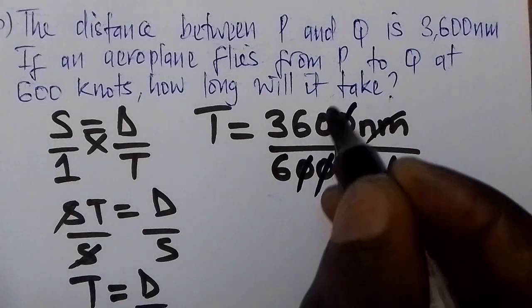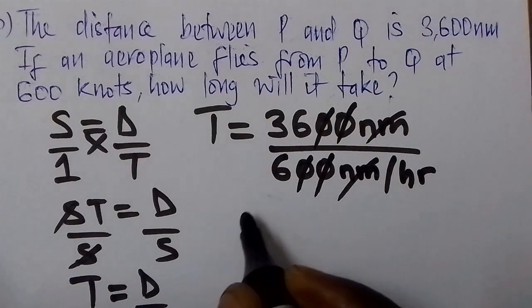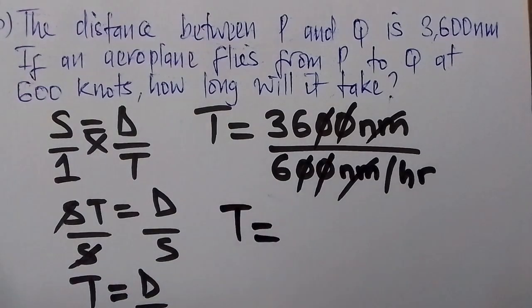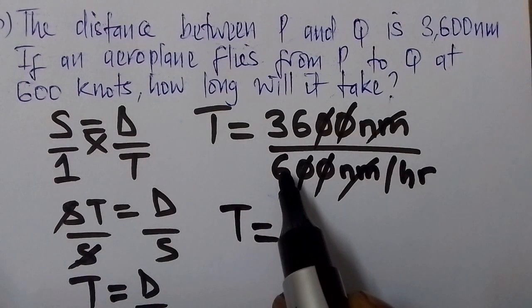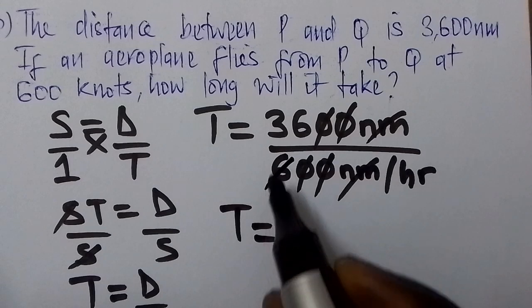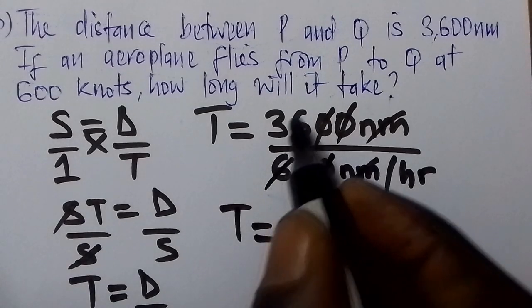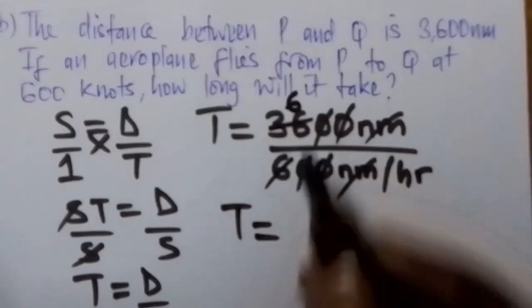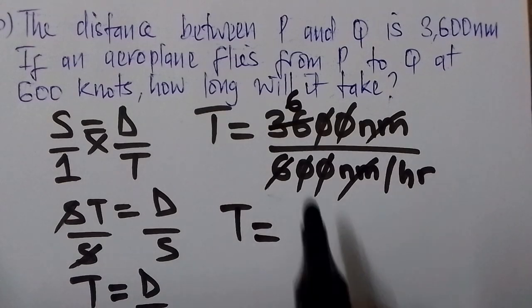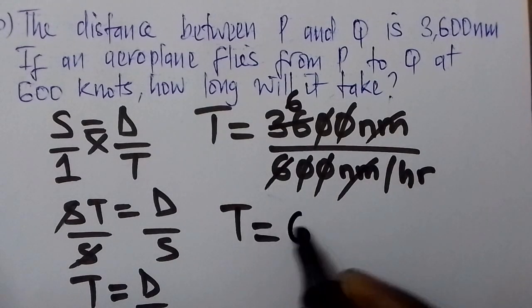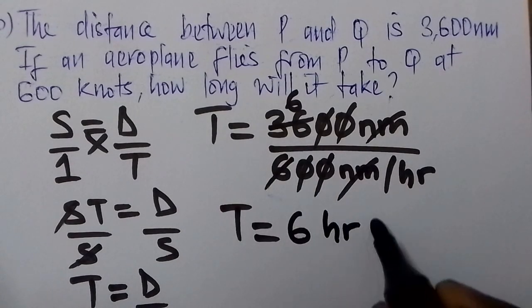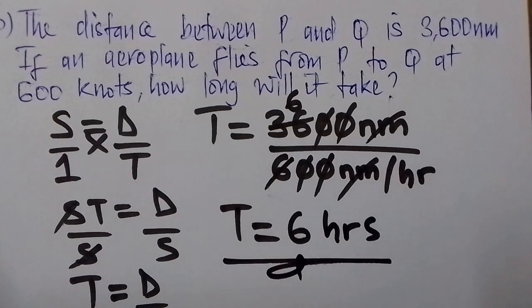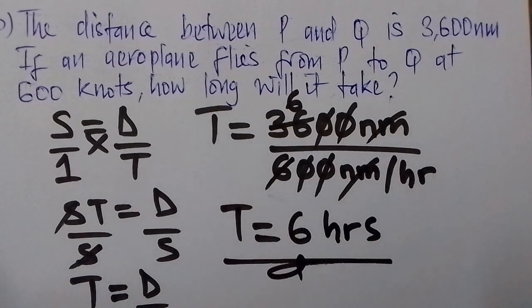These two zeros simplify with these two zeros. So time is equal to 6 into 6 once, then 6 into 36 is 6 times. So the answer is 6 hours. So how long it takes is 6 hours. All right, so this here is the solution for part B.